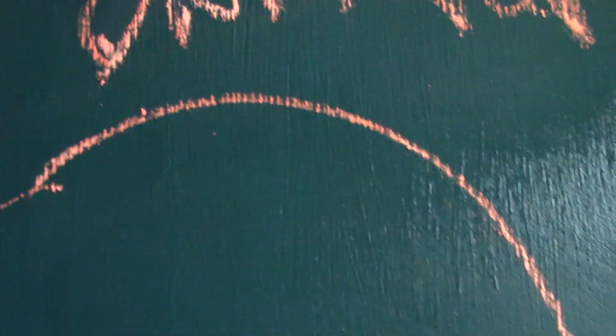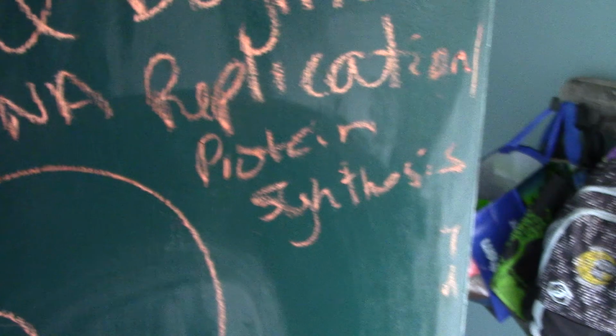That's why it's called dogma, because it's always a consistent rule. Science doesn't have dogmatic thought, but in some cases there are things that always happen consistently. So we'll call it that: the central dogma of DNA replication and protein synthesis.